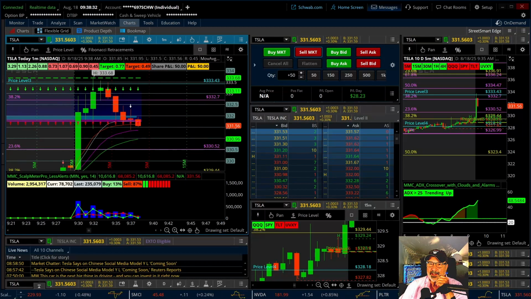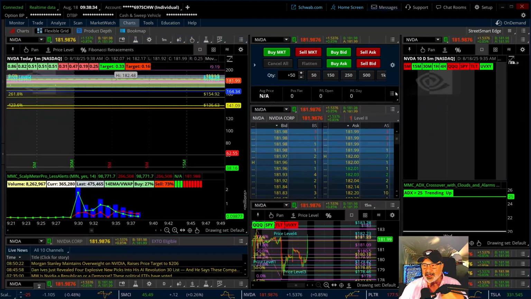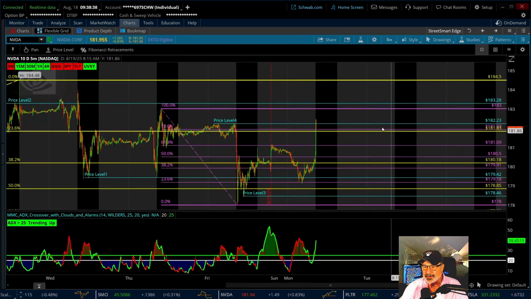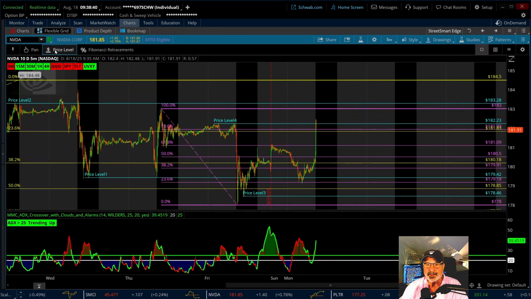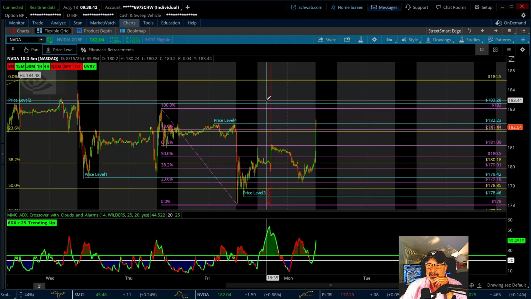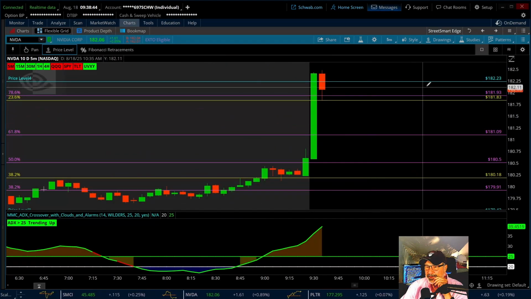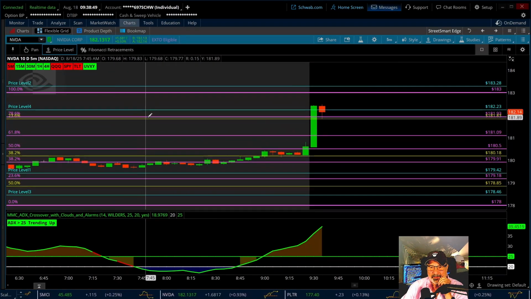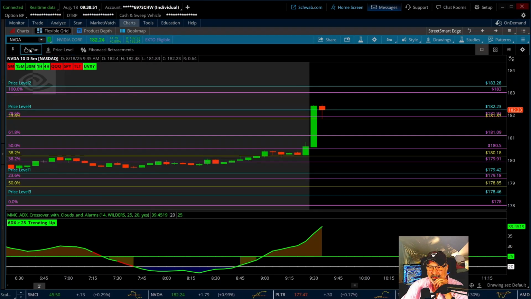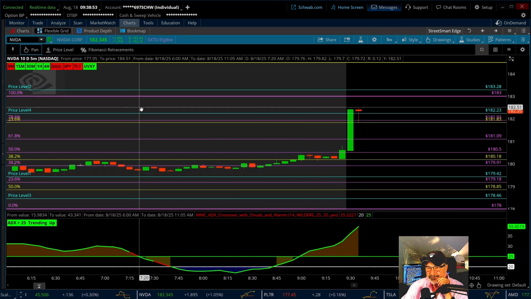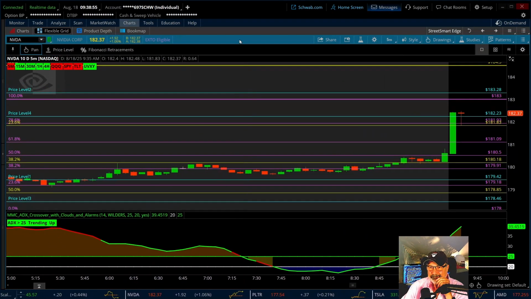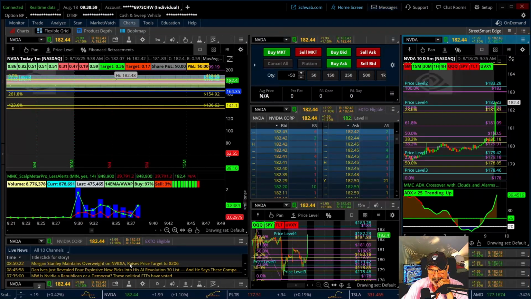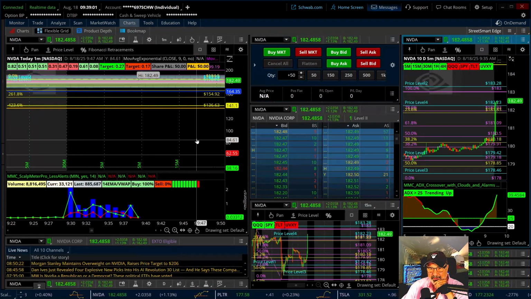Let's take a look at NVIDIA to see if we have any kind of consolidation action over here. Nope, that went straight up too, huh? Oh yeah, AMD went up too. Okay, so Morgan Stanley puts NVIDIA 206.